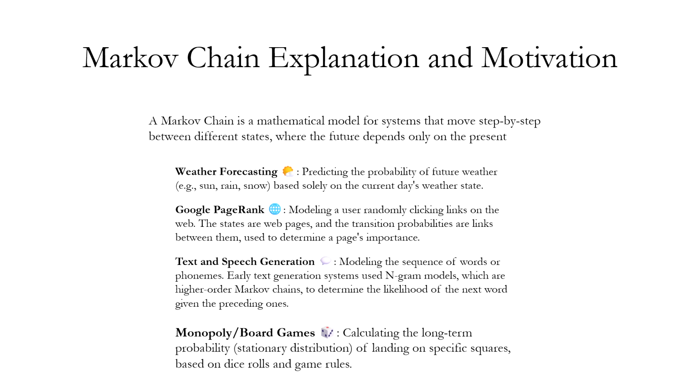And then finally, like Monopoly, board games, also video games as well. We calculate the long-term probability, the stationary distribution, of landing on specific squares based on dice rolls and game rules, okay?